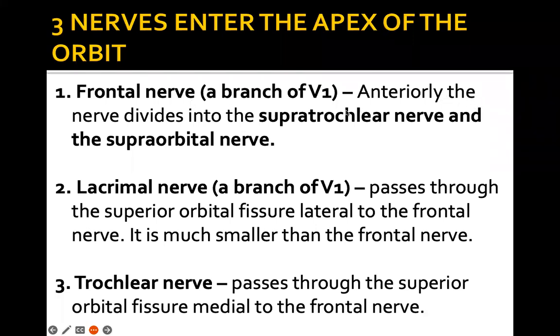Then anteriorly, this nerve divides into the supratrochlear nerve and the supraorbital nerve. Then you also have the lacrimal nerve, which passes through the superior orbital fissure. You also have the trochlear nerve. Okay, so these are the three nerves that enter the apex of the orbit.